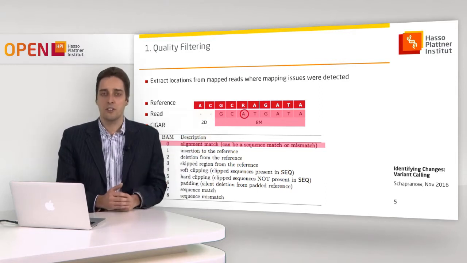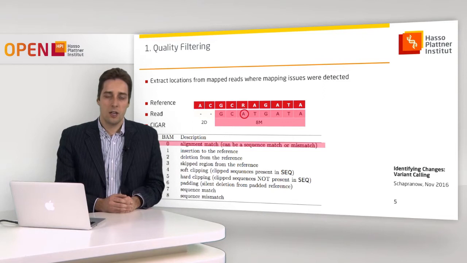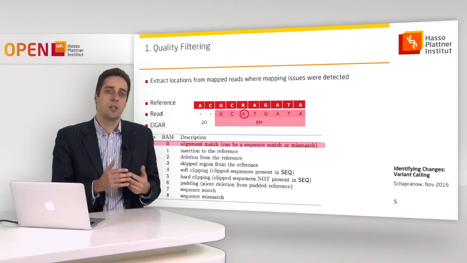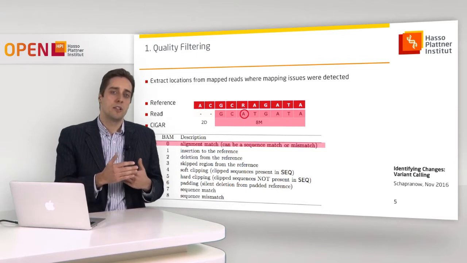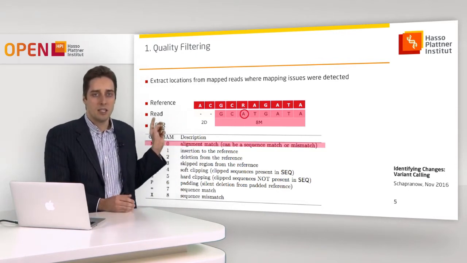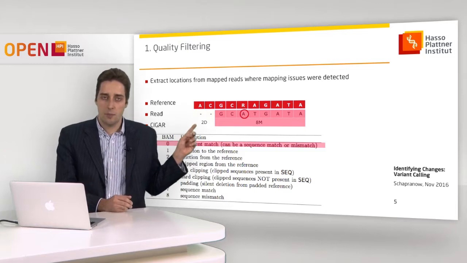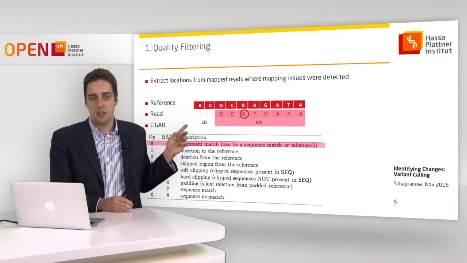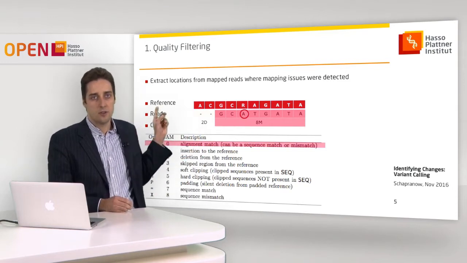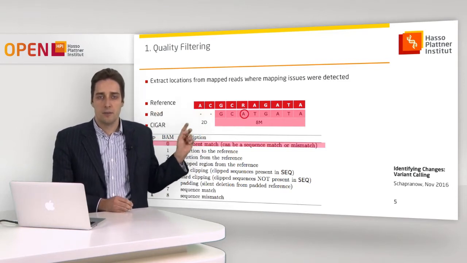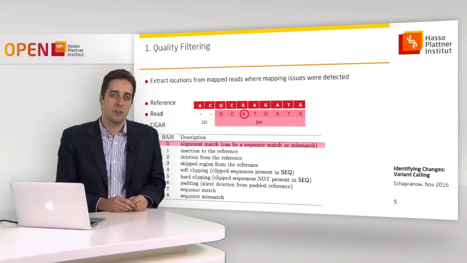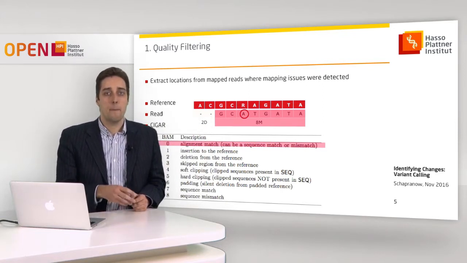The cigar string holds information about whether there is a match or probably a match, or whether the algorithm is not really able to match it one-to-one. And you see it starts with 2D, and if you look up the cigar string representation, it says D is the information for deletions. You see, therefore, there are some dots here. And then you have a region like 8M. 8M is interpreted as 8 positions where it could be a match or a mismatch.